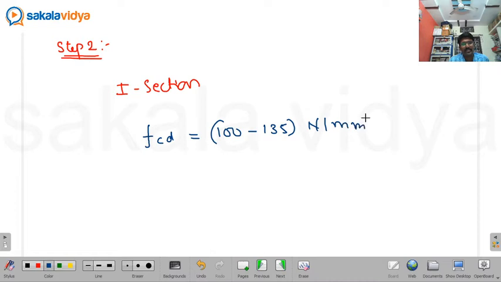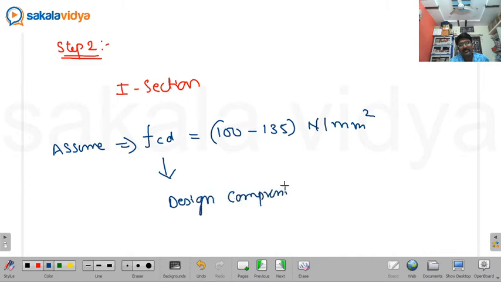So what is our step number 2? We have to assume the design compressive stress. FCD is called the design compressive stress. It lies between 100 and 135. We can take 101, 110, 120, 135, anything, but the value must be between 100 and 135. This is our step 2.